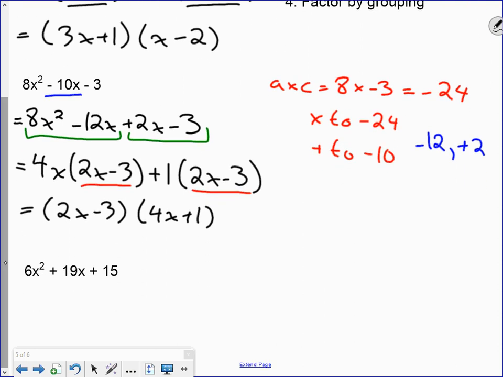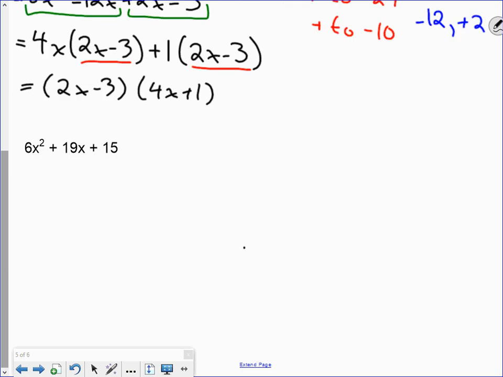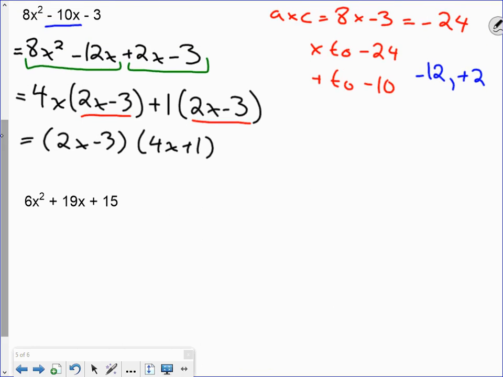All right, let's look at one more together, and then we'll get you to try one on your own. I got 6x squared plus 19x plus 15. Okay, first off, a times c is 6 times 15, which is 90.